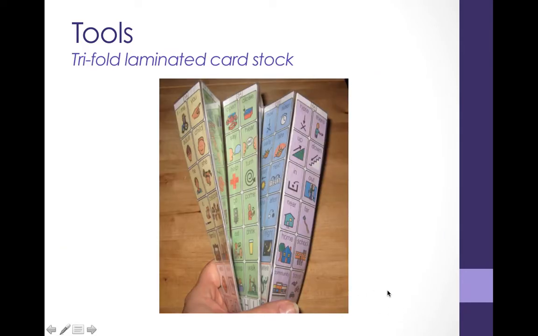Here's another version of that same display, and what I did was cut it into smaller sections and then put some packing tape in between each of the sections so that it would fold up like an accordion. This is just cardstock, but on these edges, because of the tape, it folds like an accordion.